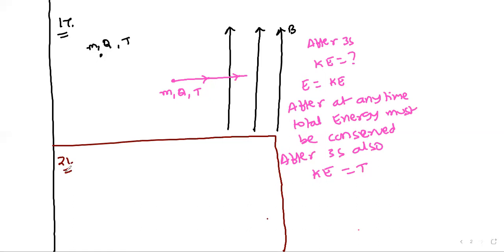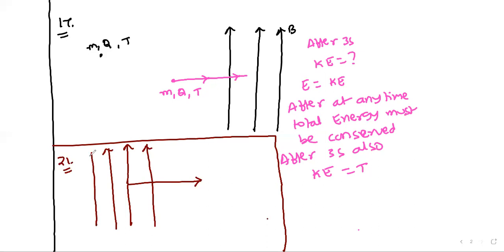a positively charged particle moving due east enters a region of uniform magnetic field directed vertically upwards. We are having the magnetic field like this.